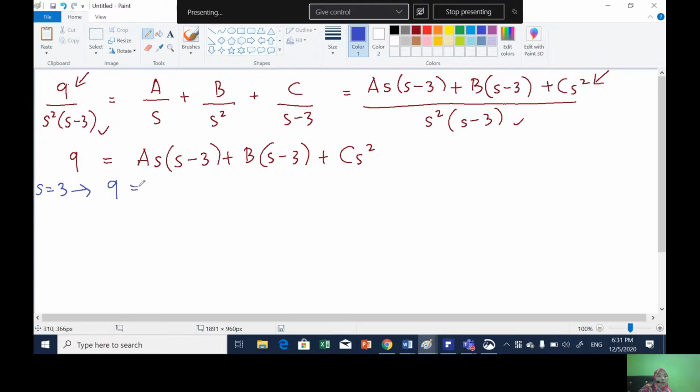You can substitute directly, but I will just write down A times 0, because this part is 0, plus B times 0, and then plus C times 3 squared, that is equal to 9, then we have 9C. So the left hand side is 9 equal to 9C, so this will give us C as 1.